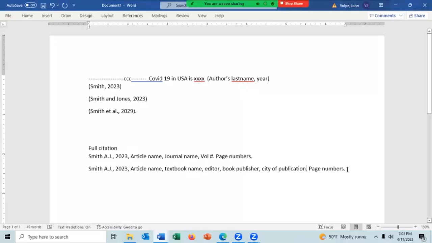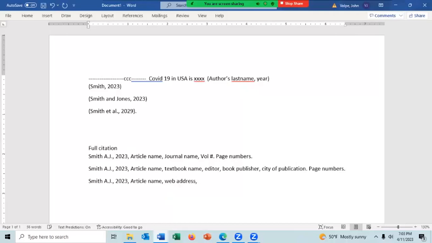Okay. If it's a web page, then you give the article name, and then the web address.